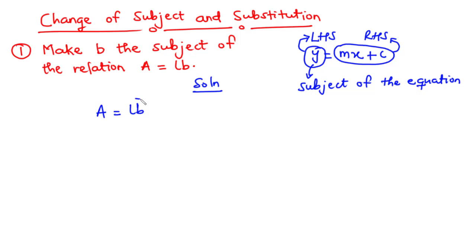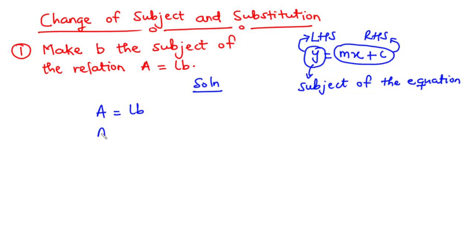Looking at the right hand side of the equation, you realize that l and b are connected together by multiplication. In order to isolate b, we are going to apply the inverse of multiplication, which is division, and divide both sides of the equation by the other variable, which is l.